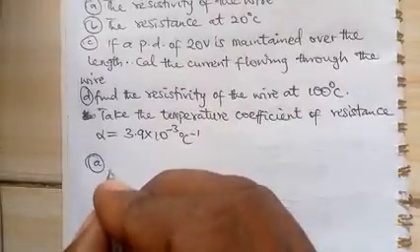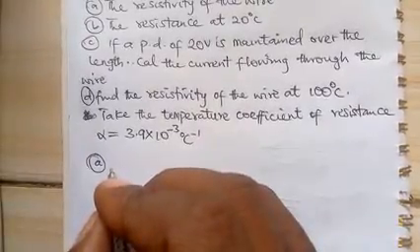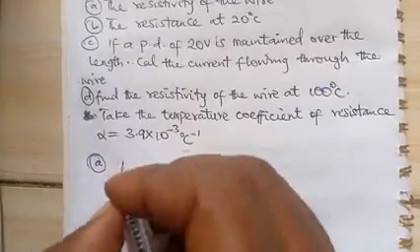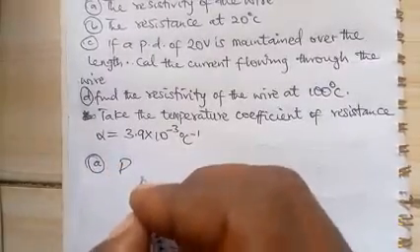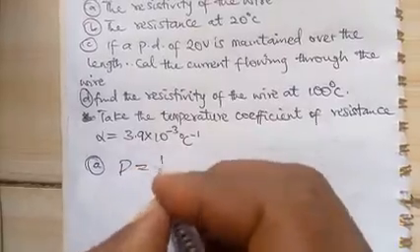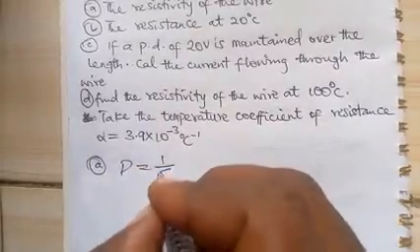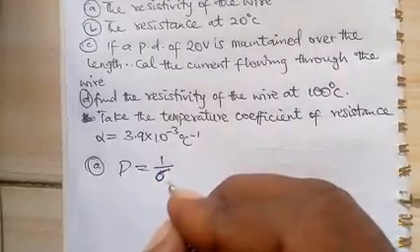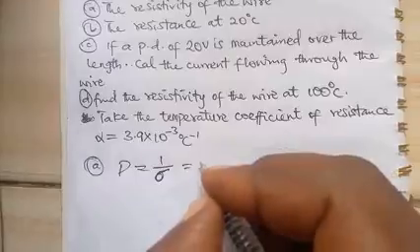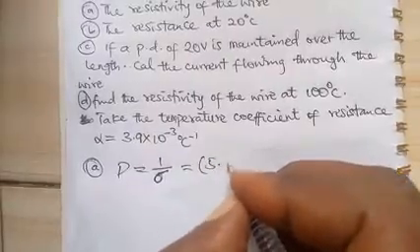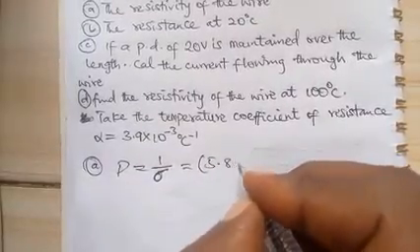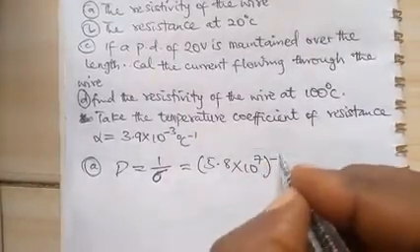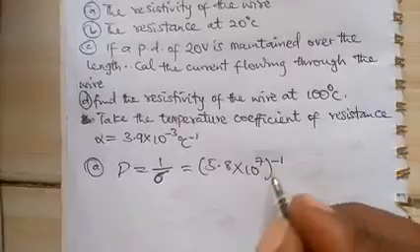Now, let's solve the first one. They said we should calculate the resistivity of the wire. Another definition of the resistivity rho is that it is the reciprocal of conductivity. So we can say it is equal to 5.8 times 10 raised to power 7, all raised to power minus 1.